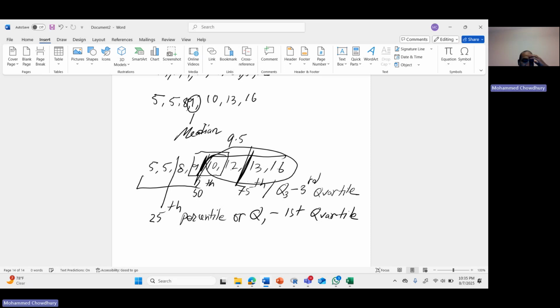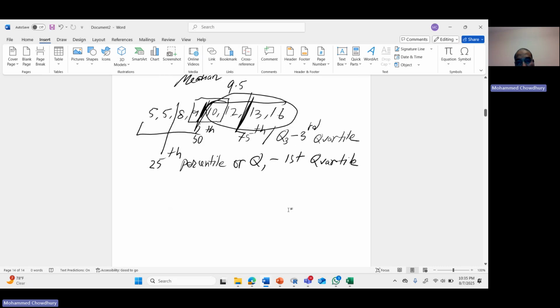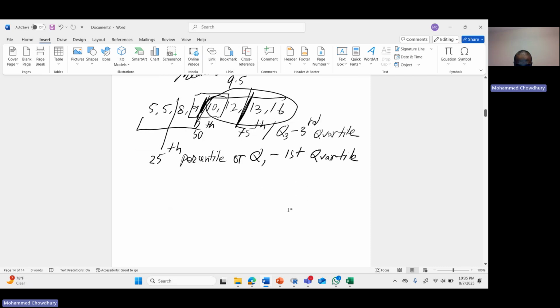So you have understood how to compute the median, Q1, Q2 and Q3. These would be used to construct the box plot that I already discussed in my previous slide.